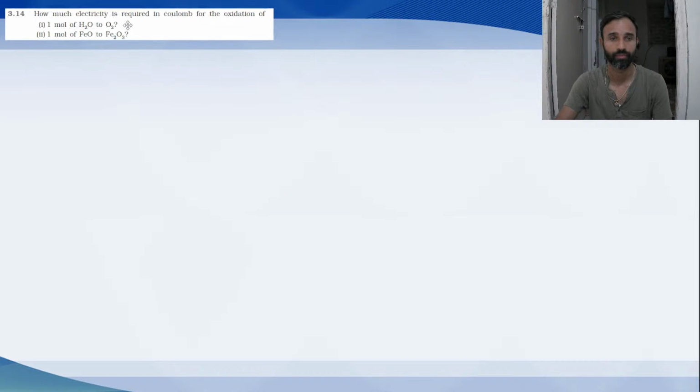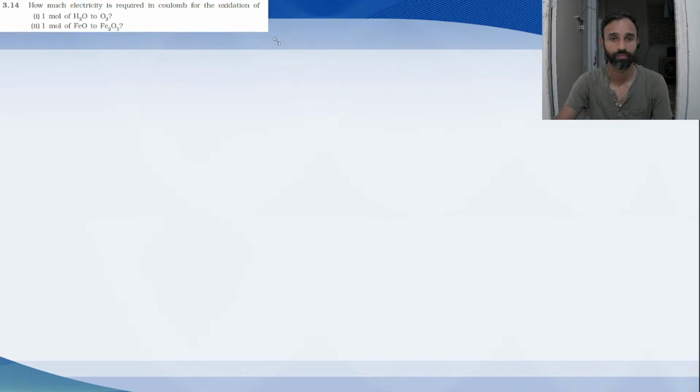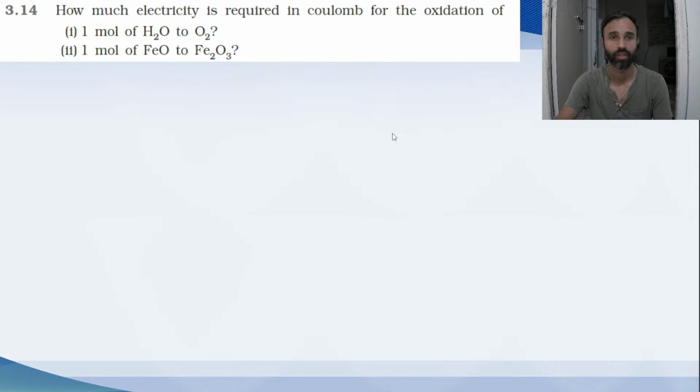Next question now, 14th. How much electricity is required in Coulomb for the oxidation of 1 mole of H2O to O2? See, now electricity is required in terms of Coulomb.